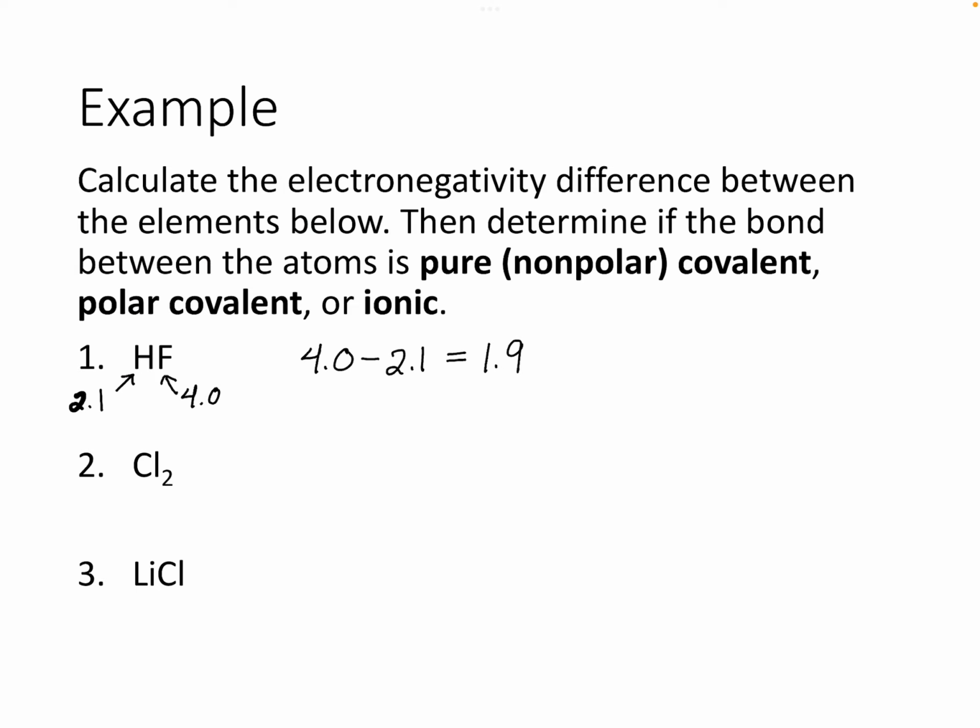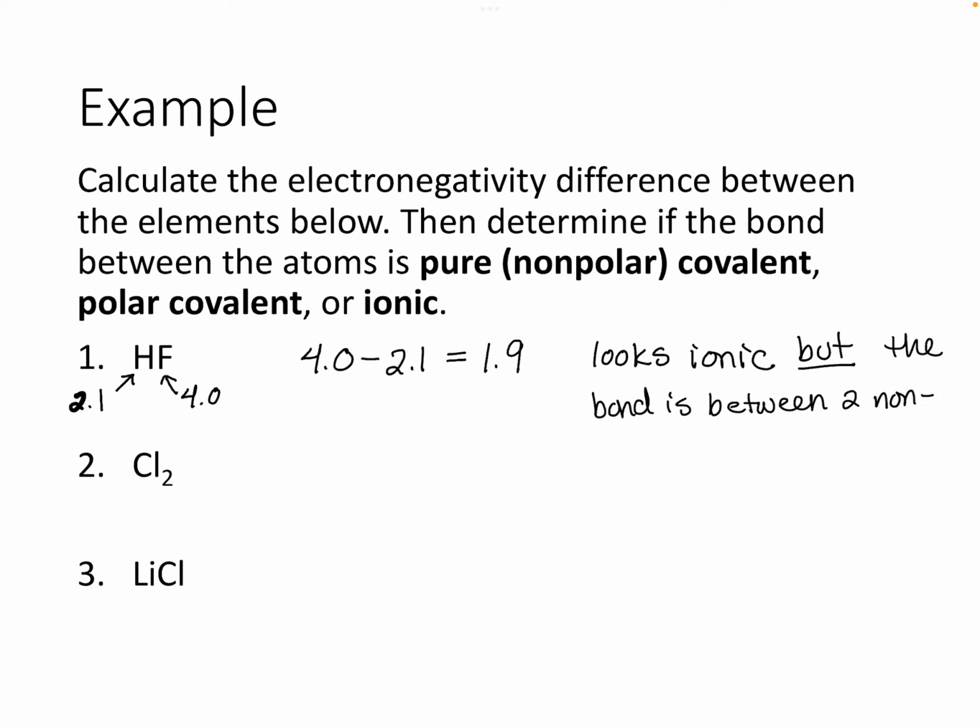So this is a tricky one. This is one of our exceptions. So this one looks ionic, but the bond is between two nonmetals. So really, this is just a very, very polar bond.